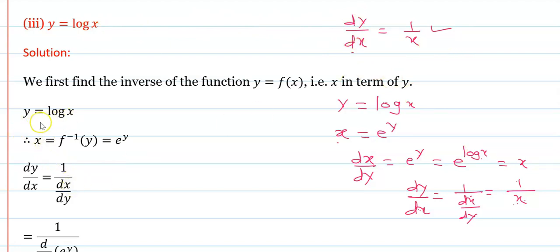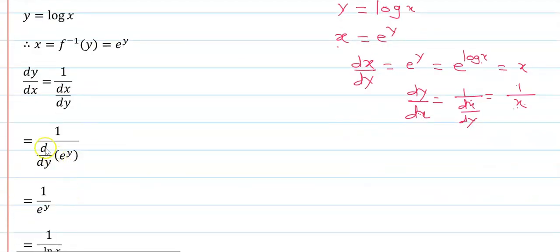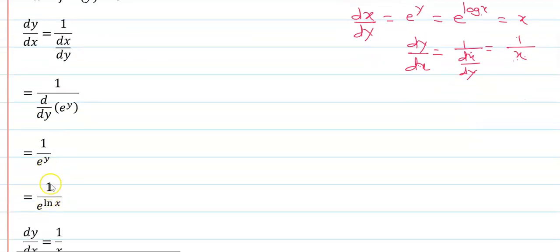Okay, now see this here, y is equal to log of x, then x is equal to f inverse of y, and that is equal to e raised to y. Therefore dy by dx is equal to 1 upon dx upon dy. Now differentiate this with respect to y. The derivative of e raised to y is e raised to y. Okay, 1 upon, again, what's the value of y?